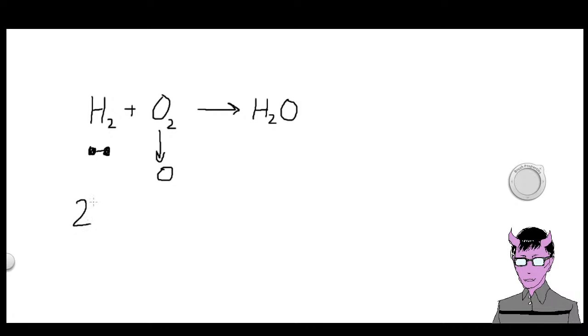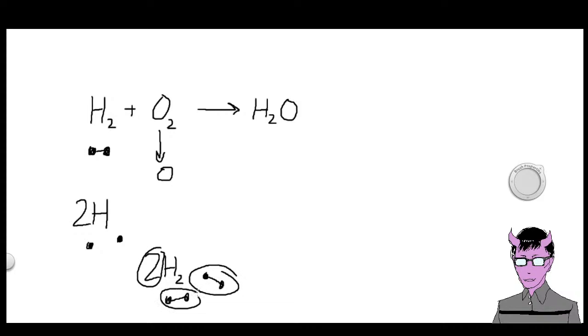So if you have 2, H right there, that means that you have two separate hydrogens. Like there's hydrogen number 1, and then here's hydrogen number 2. They are not linked together. And then of course, if you combine those notations, if you have coefficient 2, and then you have subscript 2, that means that you have hydrogen number 1 connected to hydrogen number 2, and then you have hydrogen number 3 connected to hydrogen number 4. So there are two floating hydrogens.